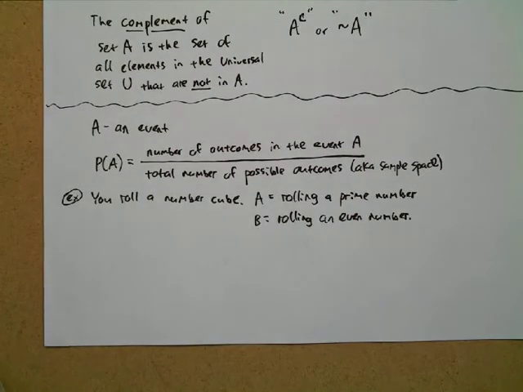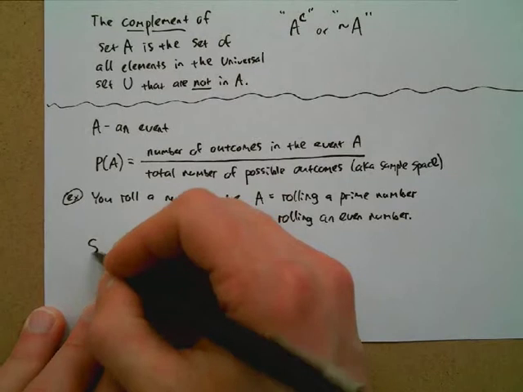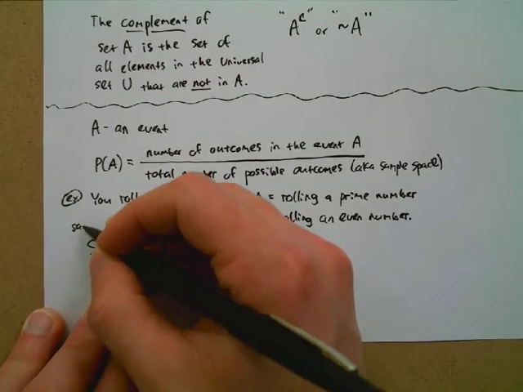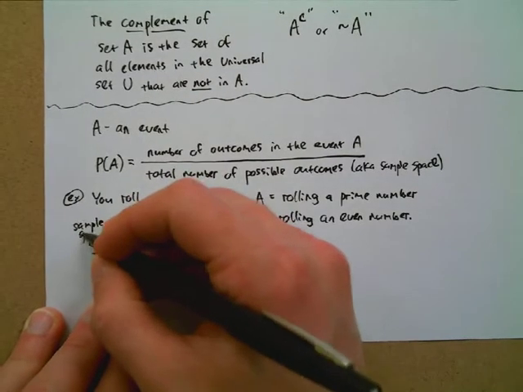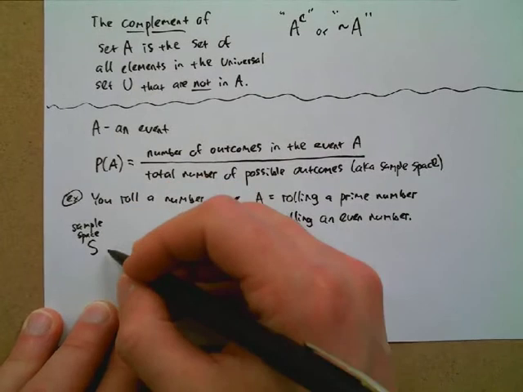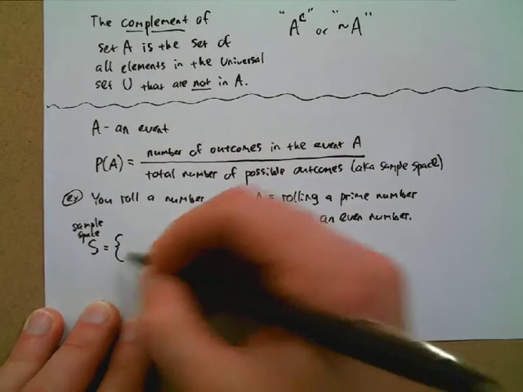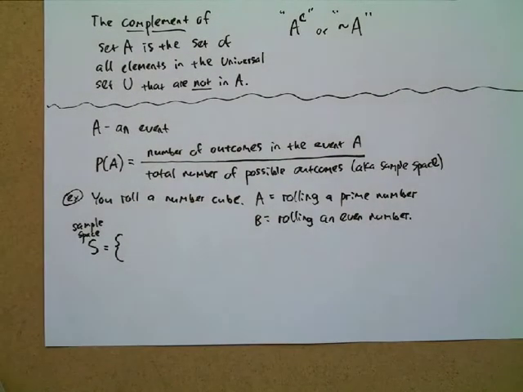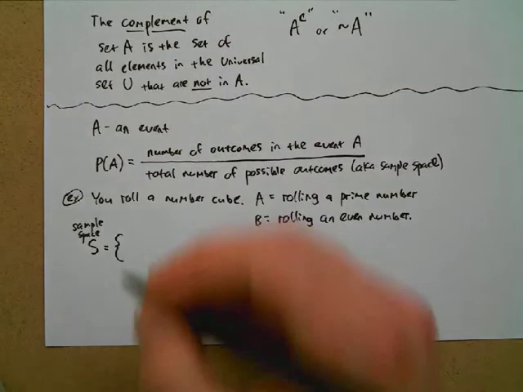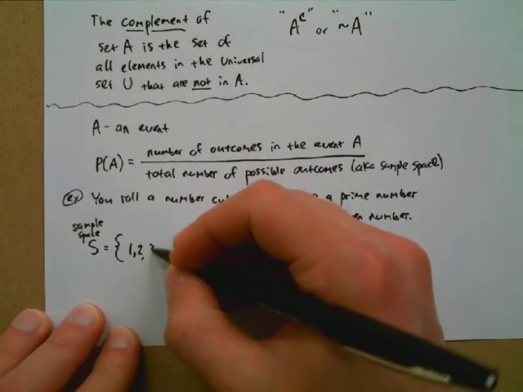For a number cube, for this situation, the S, or sample space, what are all the possible outcomes of rolling a number cube? 1 through 6, so 1, 2, 3, 4, 5, and 6.